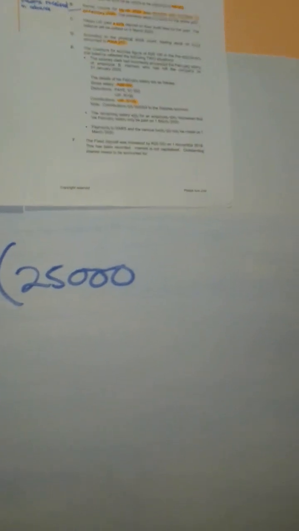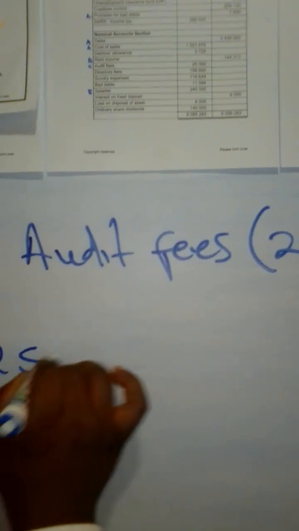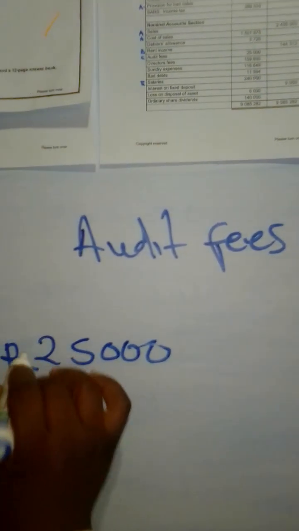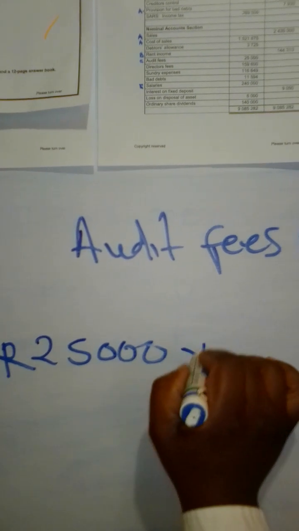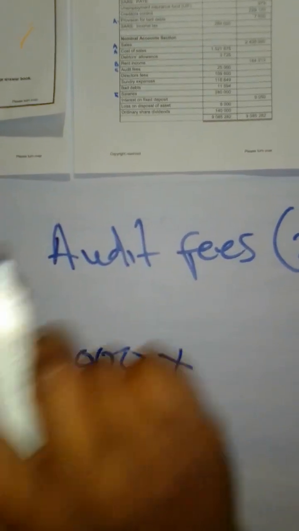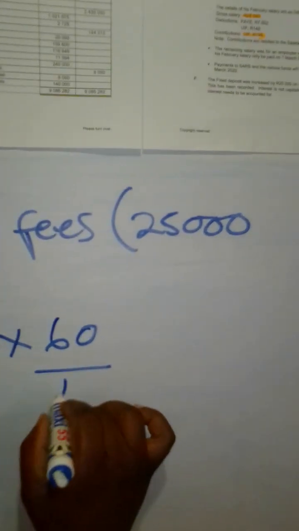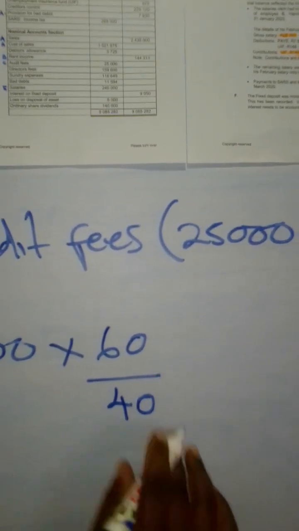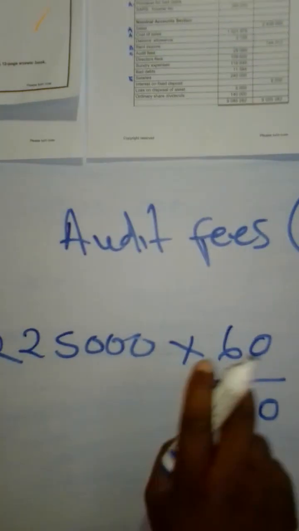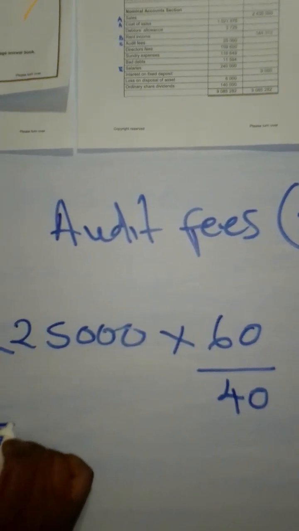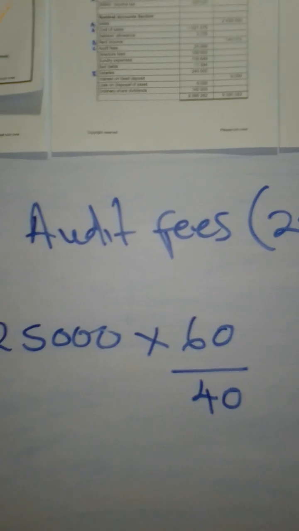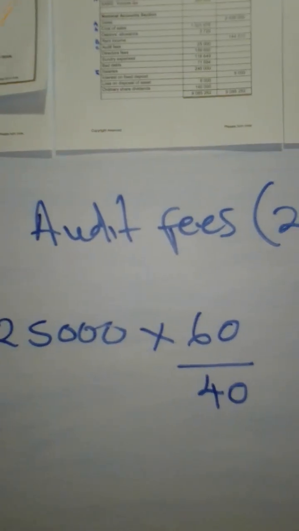It's very simple. We take the 25,000, which is indicating the 40%, and multiply it by the percentage we are looking for, 60%, over the percentage we already have. Let's go on to our calculators and find out exactly how much we are going to get.